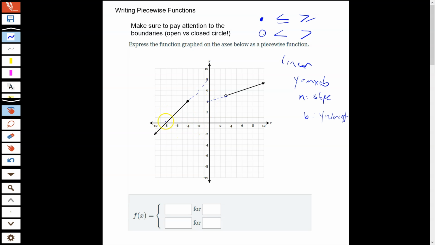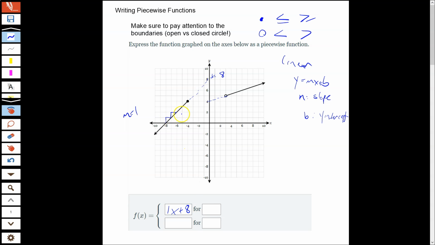Okay, so for this guy, it looks like we go up 1 over 1, up 1 over 1. So rise over run, we have a slope of 1, right? And we have a y-intercept of 8. So I'd say my equation is 1x, and really you don't have to write the 1, right? 1x plus 8.